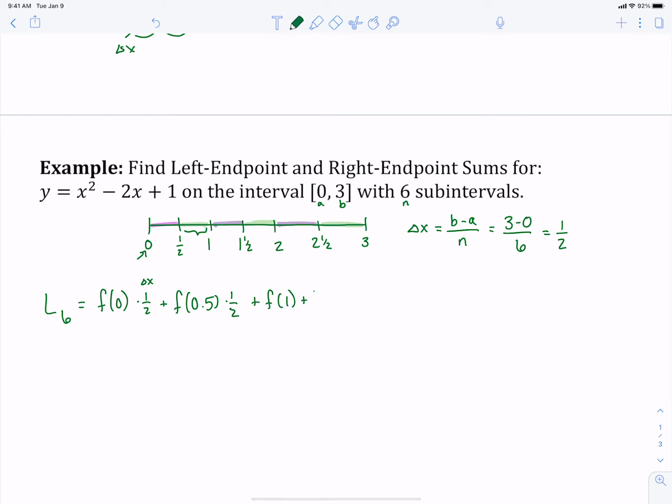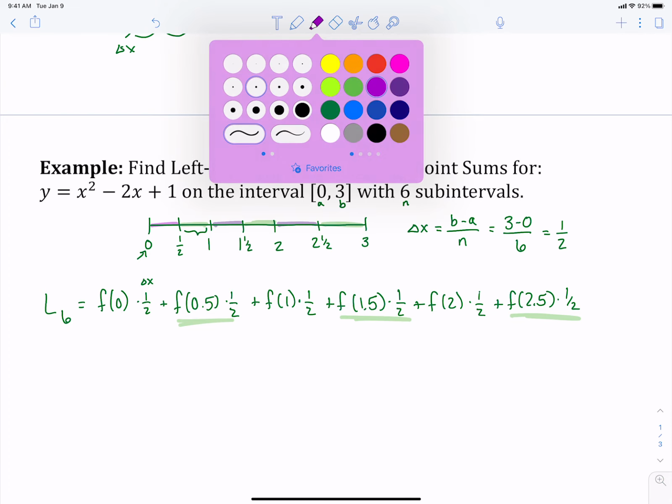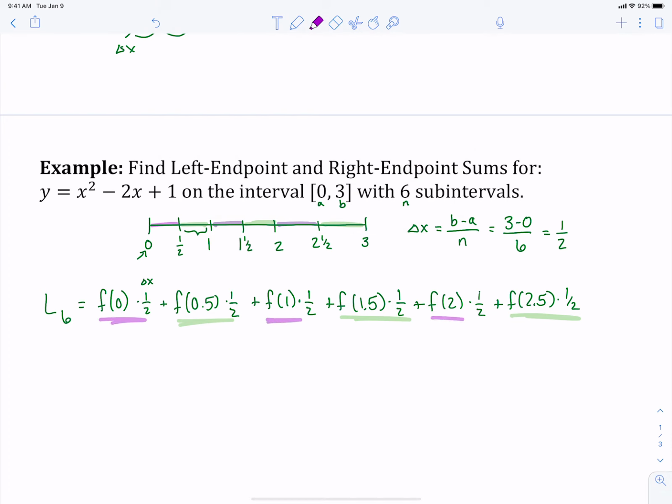And we're going to keep doing this until we get to our last interval, f of 1.5 times a half plus f of 2 times a half plus f of 2.5 times a half. So again, we can underline the green intervals and the purple intervals, and we're just doing the left-hand side. So we don't use 3 because that's on the right-hand side of that last interval, and we're using a left-hand sum.